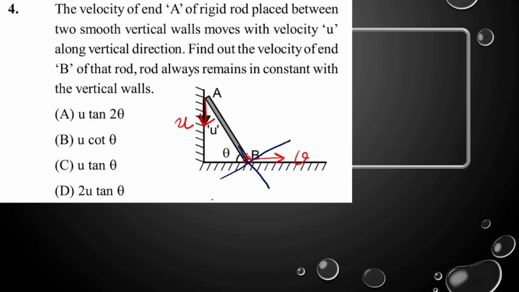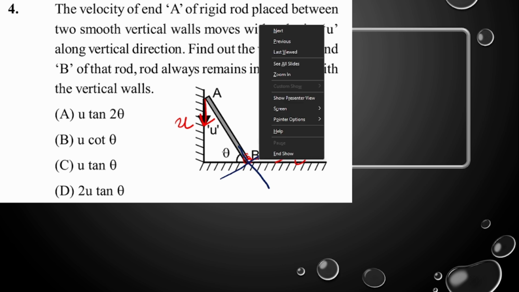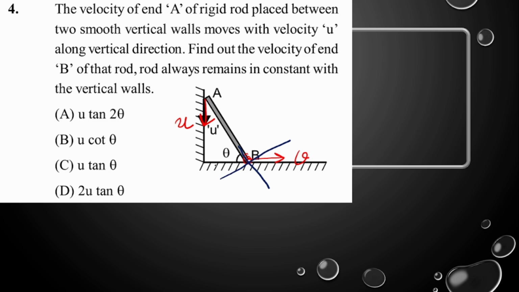I have placed the coordinate system in such a way that one coordinate is parallel to the rod. So I can see that this is horizontal and this is the angle theta. So velocity is at an angle theta.